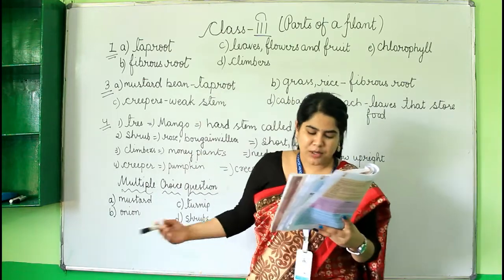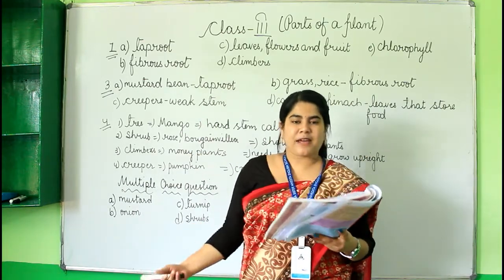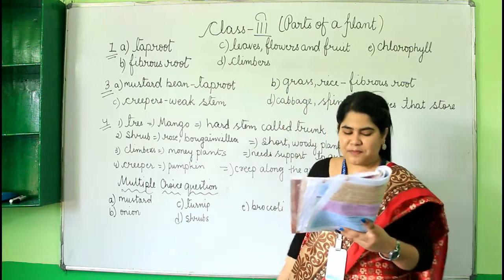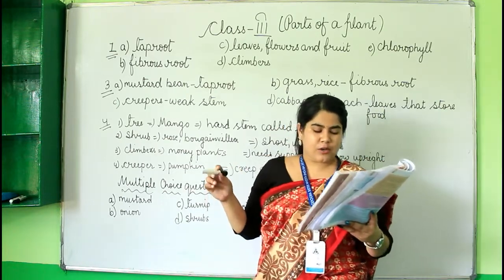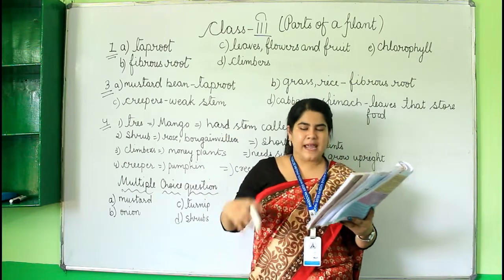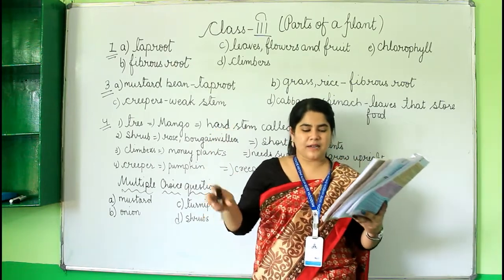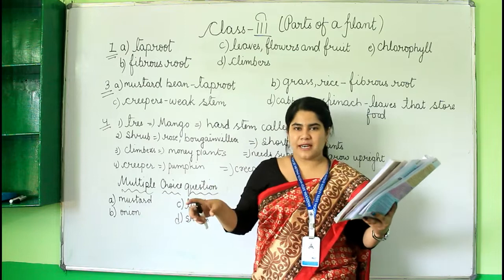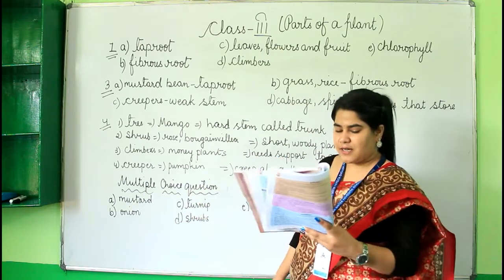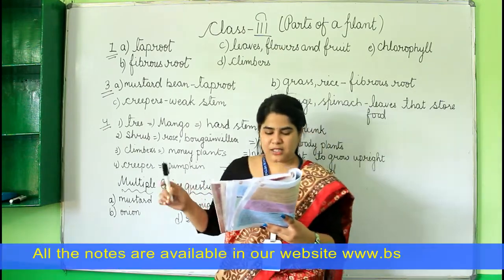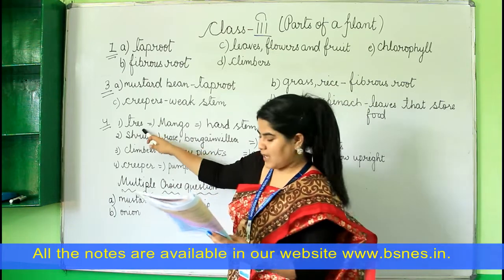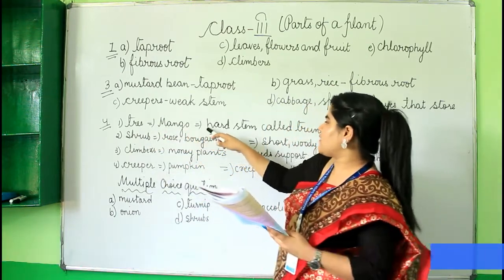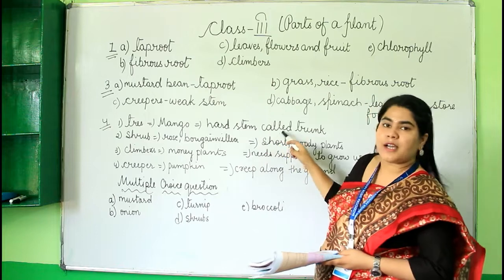Now question number 4, complete the table below by filling the missing blanks. In the first column you will see the types of plant, in the second column examples are given, and in the third column features are given. So the first one will be tree, and the example is mango, and the feature is hard stem called trunk.